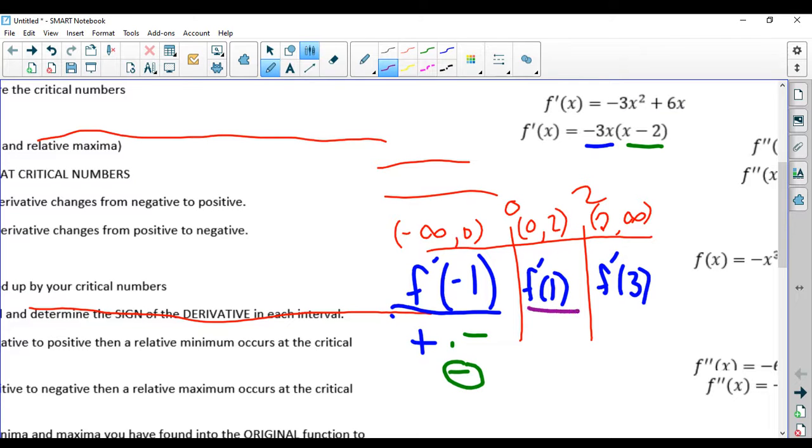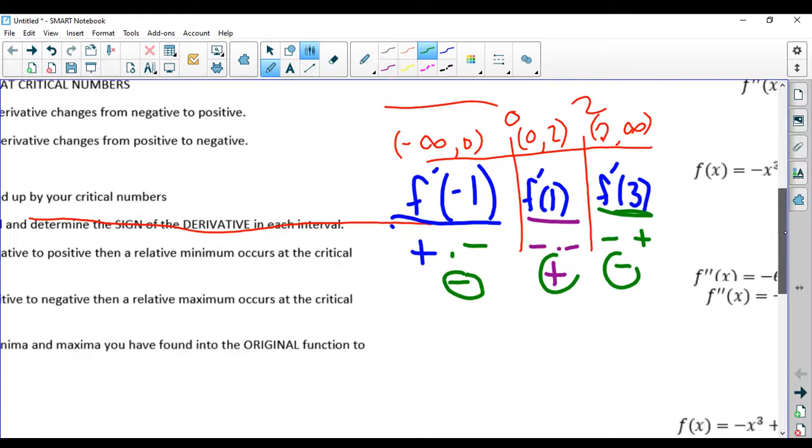If you plug 1 into the first derivative, you'll get -3, which is a negative, times 1 minus 2, which is a negative, which is positive. Negative times a negative is a positive. Finally, the last interval, we're going to use 3. 3 times a -3 is negative, and 3 minus 2 is positive. So we get a negative times a positive, which is negative.